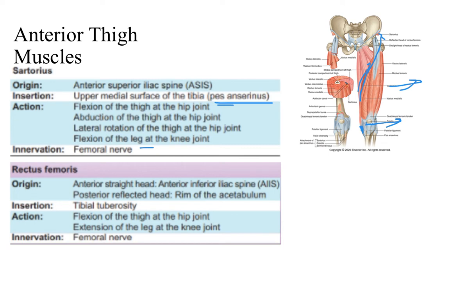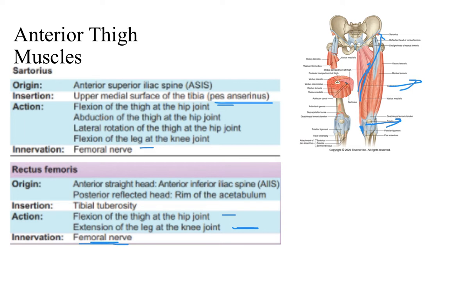For the rest of the quadricep muscles, basically they all do the same thing, and the main function is extension of the leg at the knee joint. So extension of that lower leg at the knee joint. But they also can participate in some flexion of the thigh at the hip joint as well. And then notice this trend that the rectus femoris, which is the one we're specifically talking about here, is innervated by the femoral nerve.